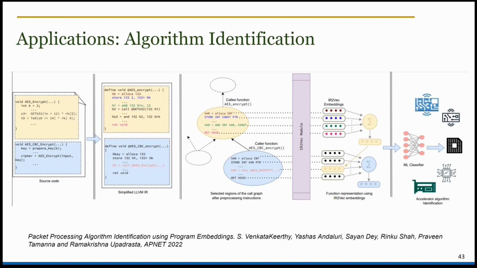So networking devices, there are sophisticated networking devices available, programmable networking devices rather, that contain a lot of accelerators in addition to a generic core. So we try to recognize a particular chunk of code as a particular algorithm, and once we have a notion of the algorithm, we try to map it to an appropriate accelerator here. So this work was accepted in a workshop very recently.